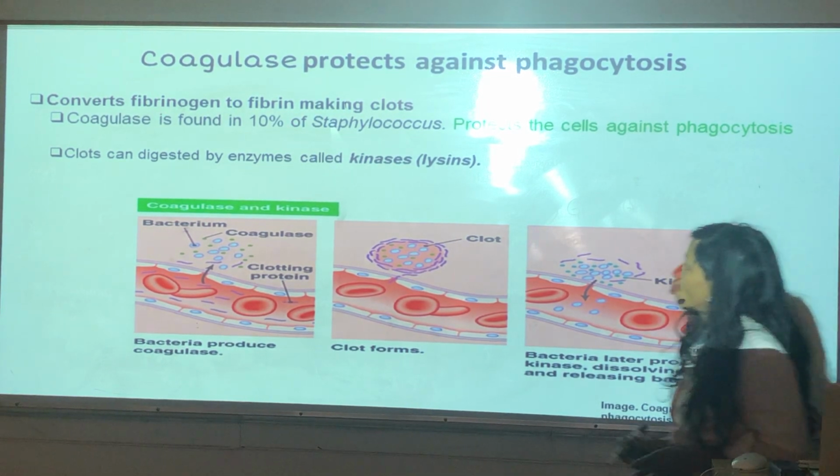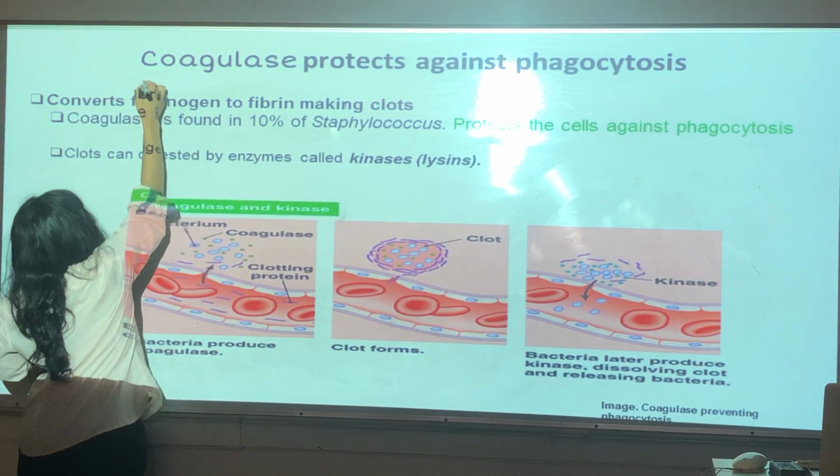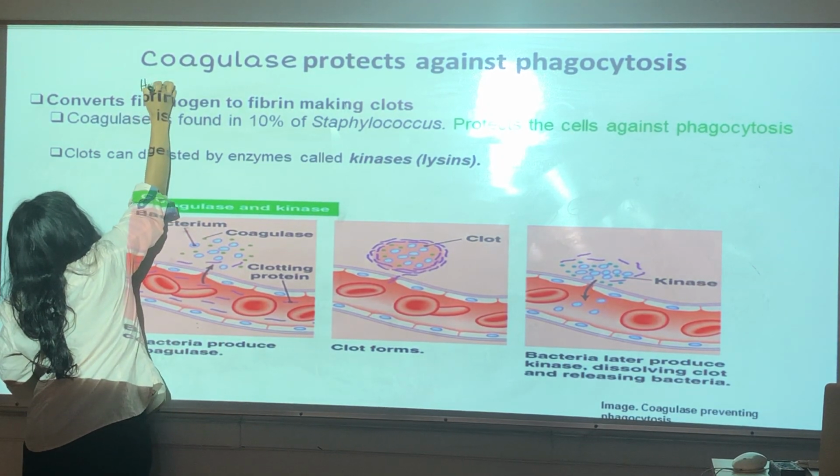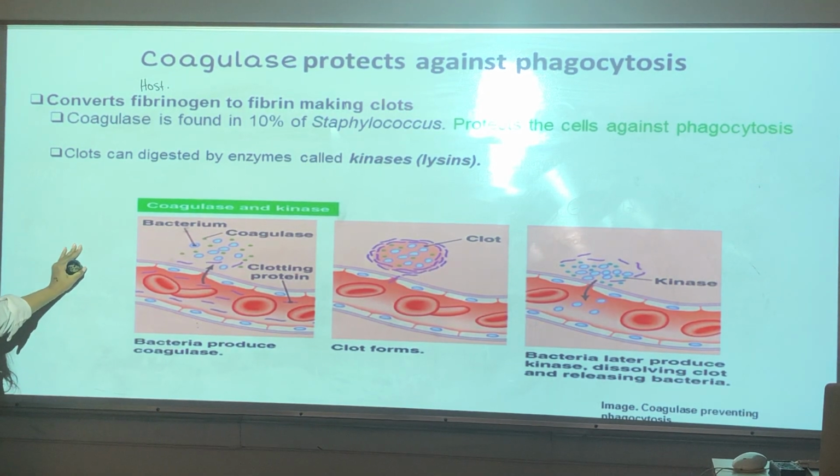So what is fibrinogen? This is a structure in the host. The host is making fibrinogen, and the coagulase, this enzyme, the bacteria are now taking the host fibrinogen and converting it into fibrin.